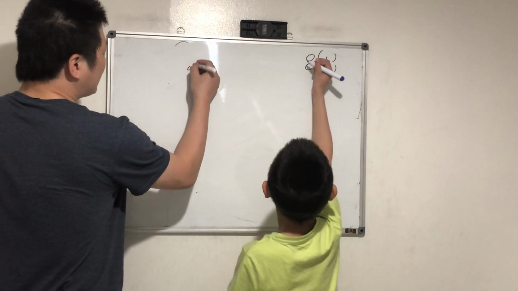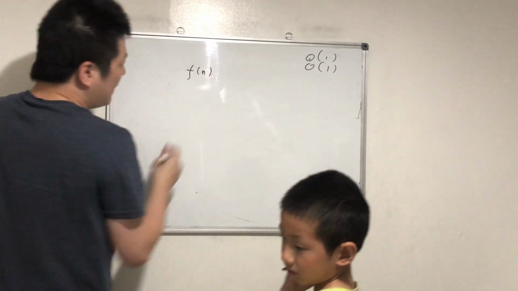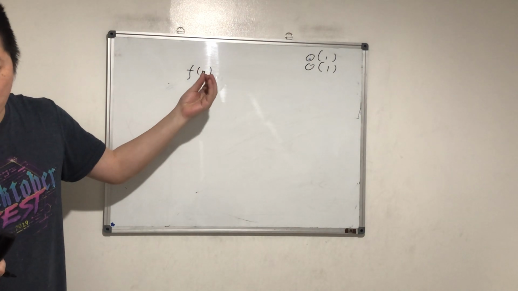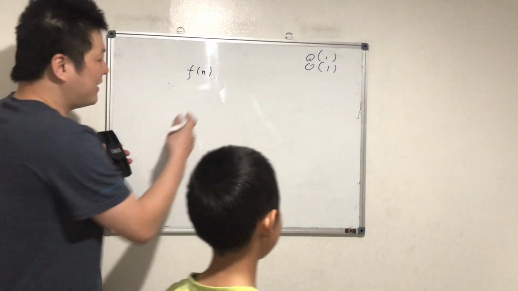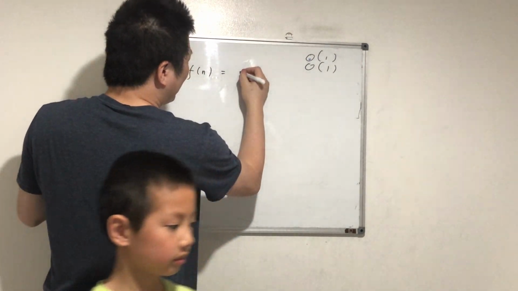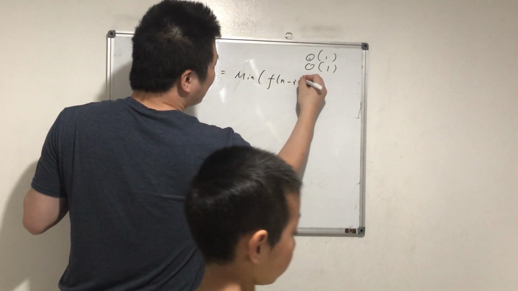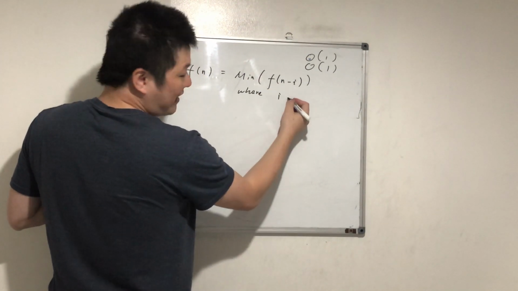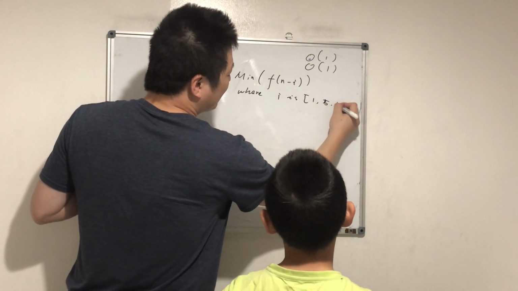But look, if we use the dp function, let's say Fn means the number of minimum coins to come up with the target n. And it will be equal to the min of all these, F(n minus i), where i is 1, 5, 10, 25.